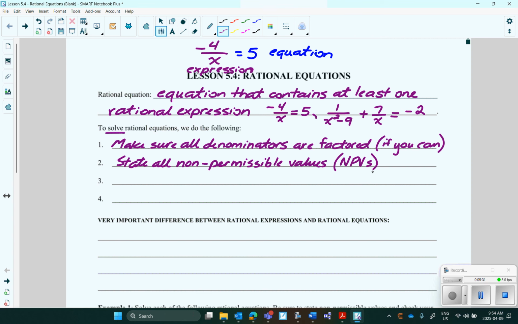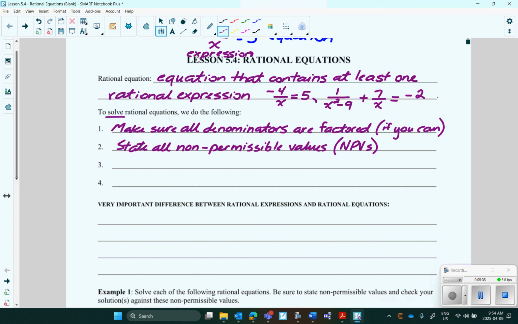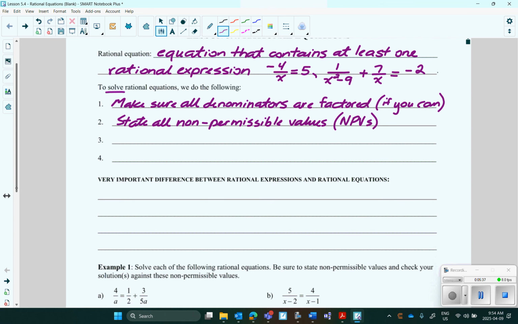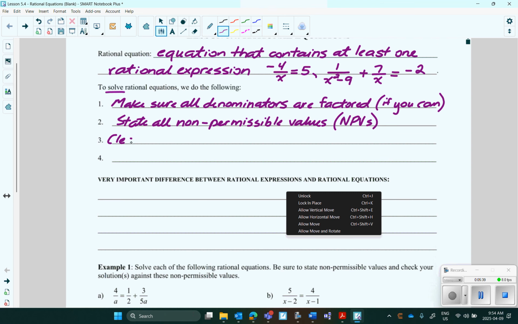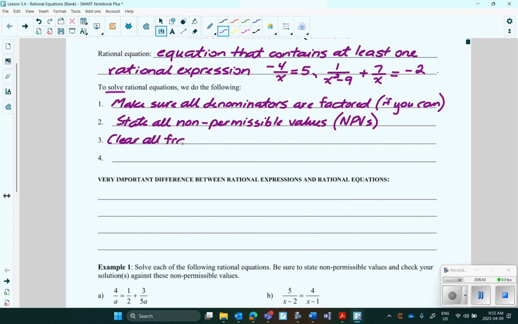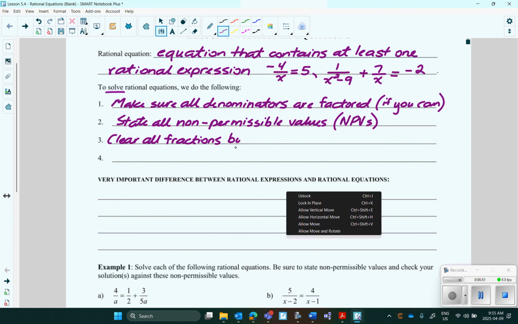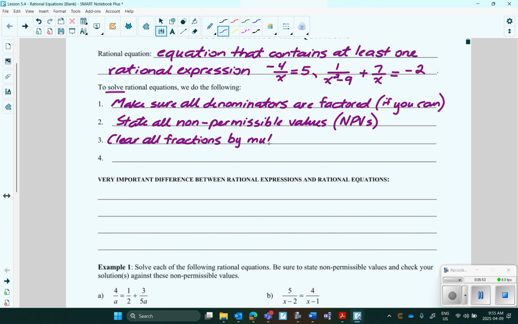Then we actually go ahead and solve the equation. Well, how are we going to solve the equation? We are going to clear all the fractions, meaning make them non-fractions. And we did very simple rational equations back in grade 9 and grade 10 by multiplying by the lowest common denominator.